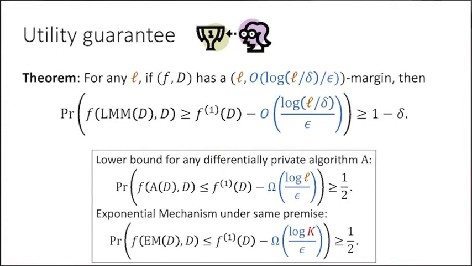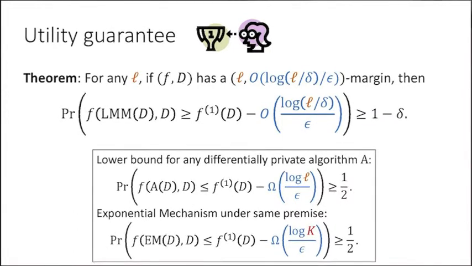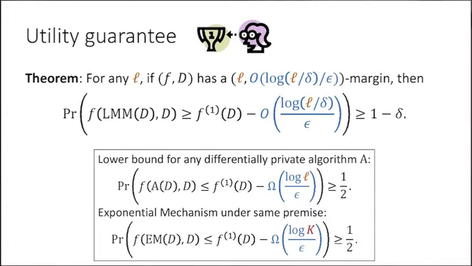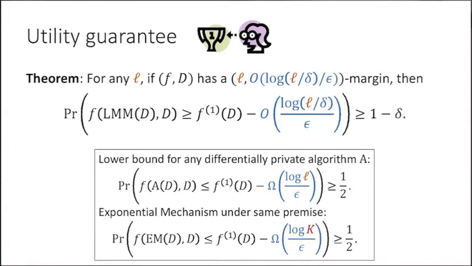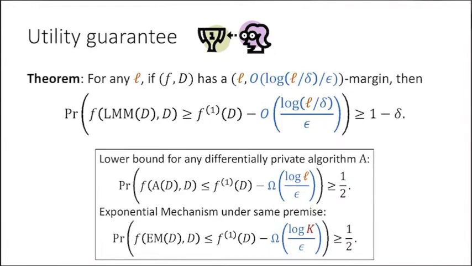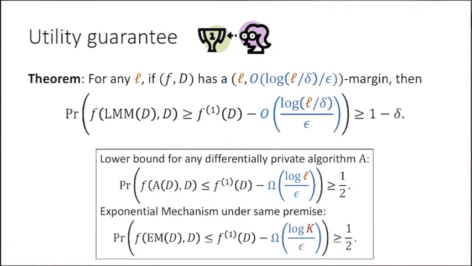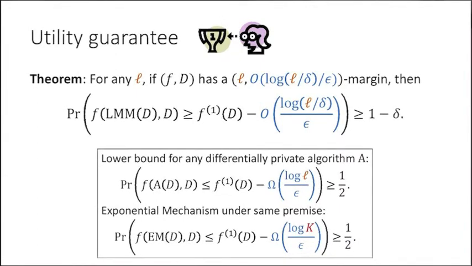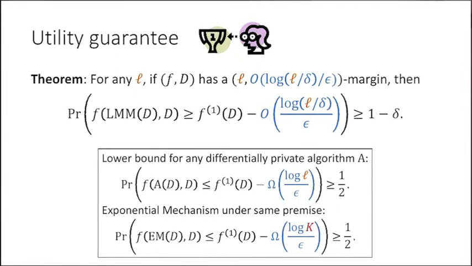And just for comparison, the lower bound essentially didn't have the delta in there. We think that maybe you could put the delta back. But that's the lower bound, and the exponential mechanism, even in cases like this, definitely had the log k, the worst case complexity there.